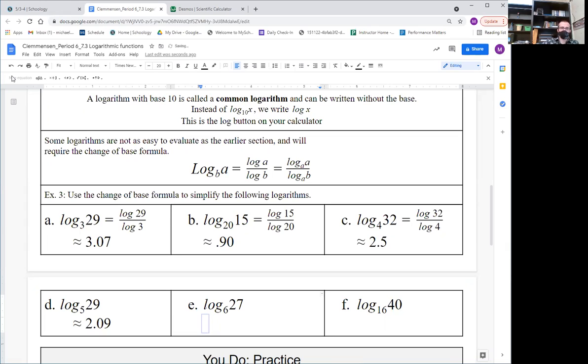All right. Can anybody else give me an answer to number E? I think I got an answer. Perfect. 1.84. Correct answer.